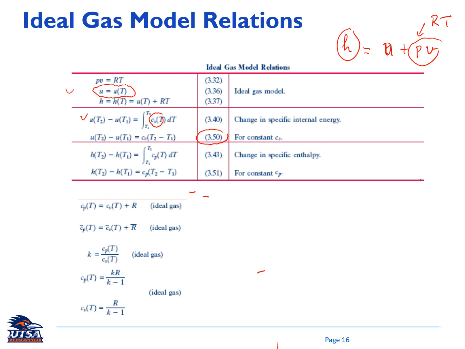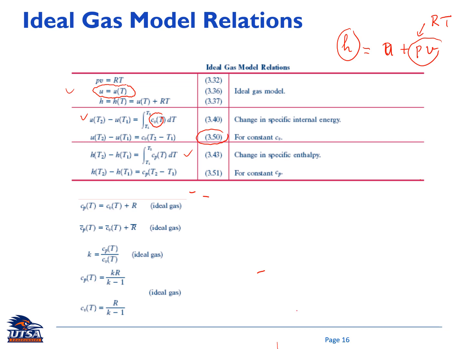It is the integral of Cp dT, and like in the case of U, if Cp is constant, then it can be put outside of the integral and you will get equation 3.51. So for constant Cp, delta H, the difference in enthalpy, equals Cp times the difference in temperature.